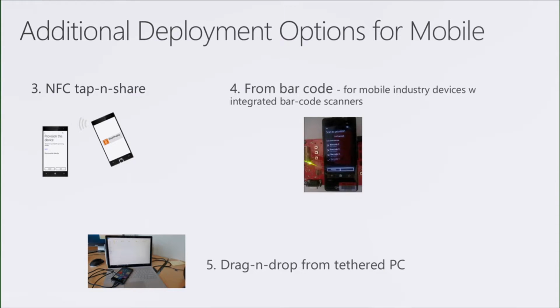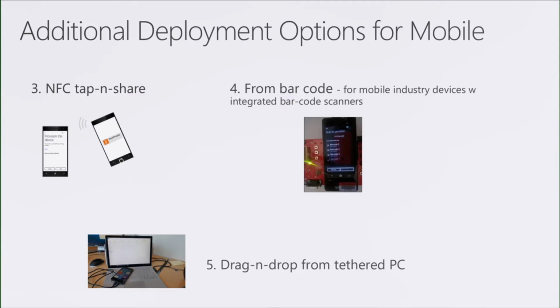On mobile, we have a number of additional deployment options. You could put the provisioning pack on one device, and then use NFC Tap and Share to install the provisioning pack on other devices. That can be done either at UBI time or post-UBI when you're doing your initial testing. If you have an industry-based mobile device with an integrated barcode scanner, you can provision from the barcode scanner as well.